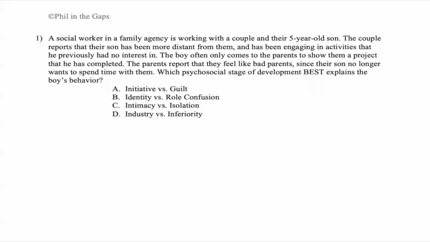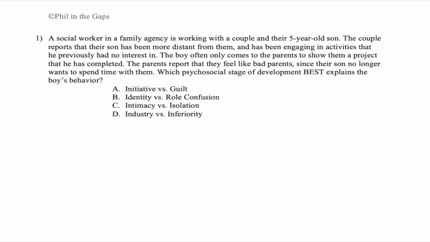Question 1. A social worker in a family agency is working with a couple and their 5-year-old son. The couple reports that their son has been more distant from them and has been engaging in activities he previously had no interest in. The boy often only comes to the parents to show them a project that he has completed.